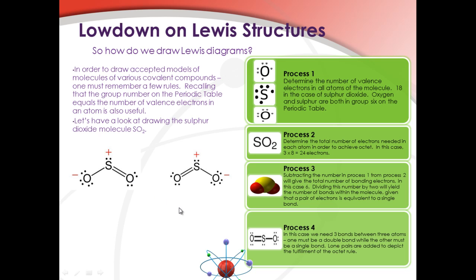Now, another thing that we need to note is that sometimes, which one is correct here? We can draw sulfur dioxide this way, or we can draw it this way. And it's not simply flipping the molecule over to form this.